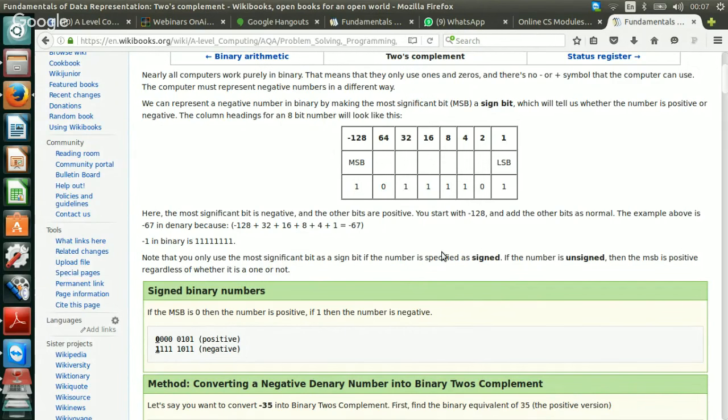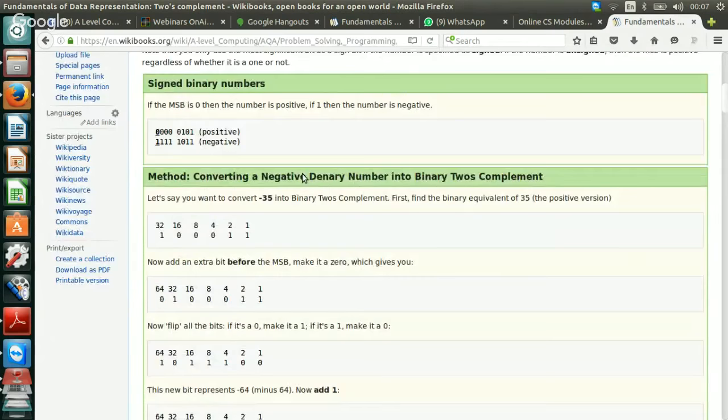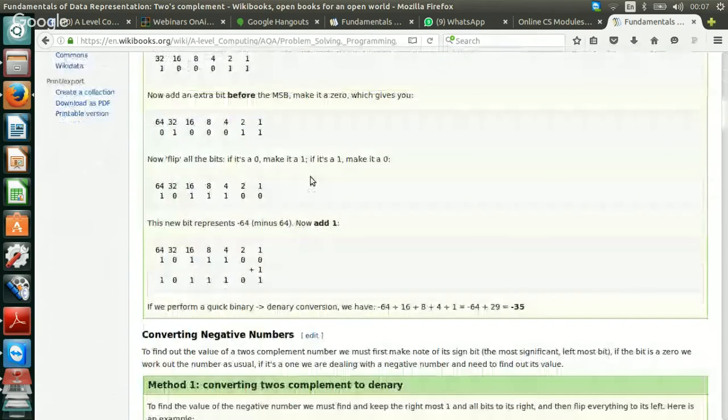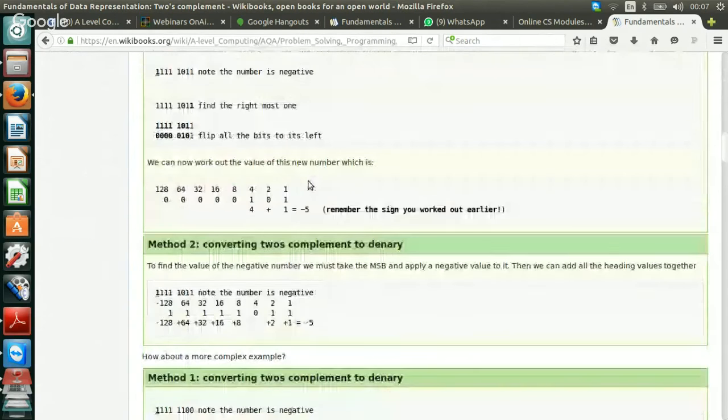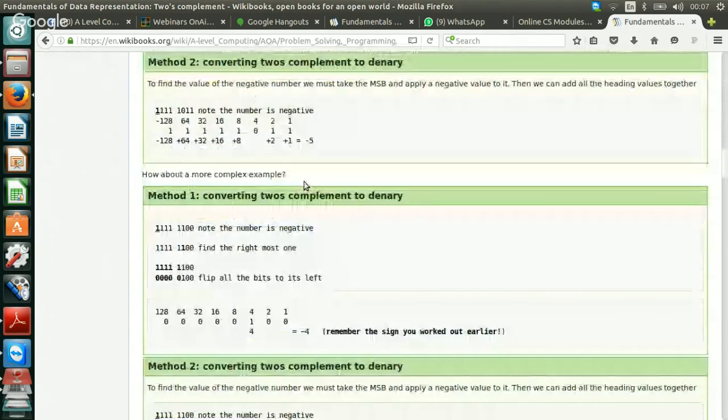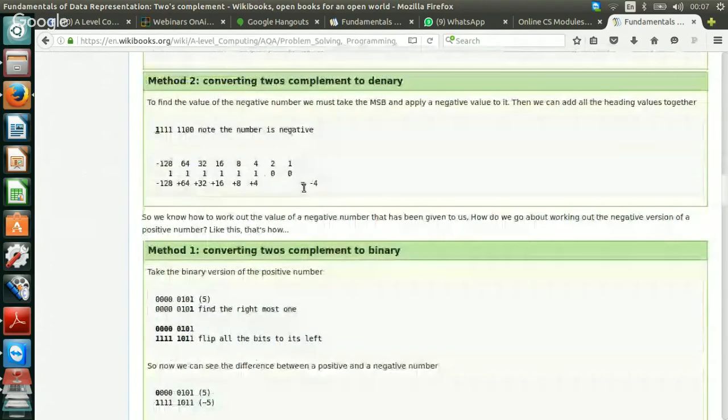If the number has a 0 in front, nothing happens, because the MSB in that case is 64, so you take it as positive, not negative. Just remember that. We have already done the method of converting a negative binary number into 2's complement, and that's enough.